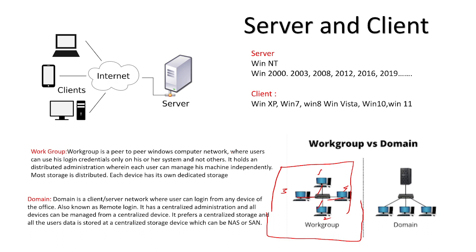So 5 minutes into 100 is 500 minutes. Even if you worked very dedicatedly, it will take at least 2 to 3 hours, correct? So this is the administration burden.